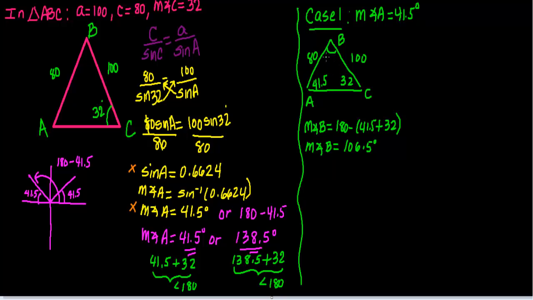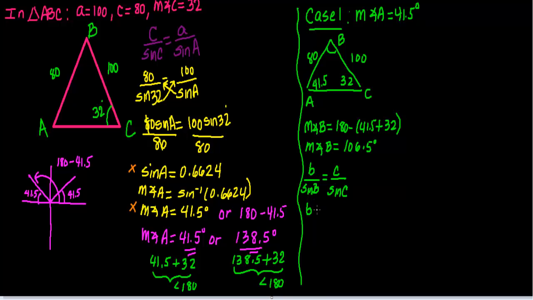We have B now. I'm not going to write it in here because it's going to be too crowded. So what I'm missing now is side b. So for side b, we would use the sine law: b over sine of B equals c over sine of C. Remember, I always like to use the given values. They're more precise.